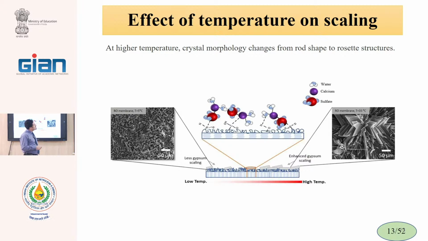In this case, we see that increasing temperature is bad for the membrane from the fouling view. But we know with increasing temperature, the flux can be increased. Okay? We have two trade-offs. Increased temperature is good for flux, but bad for gypsum scaling.